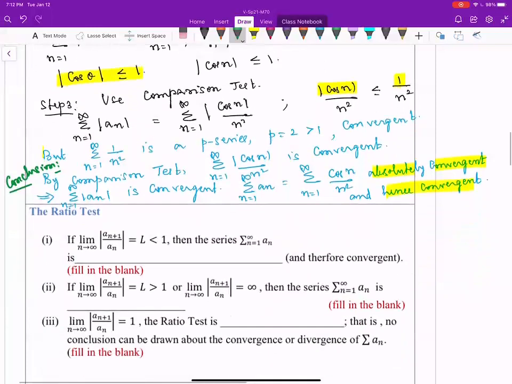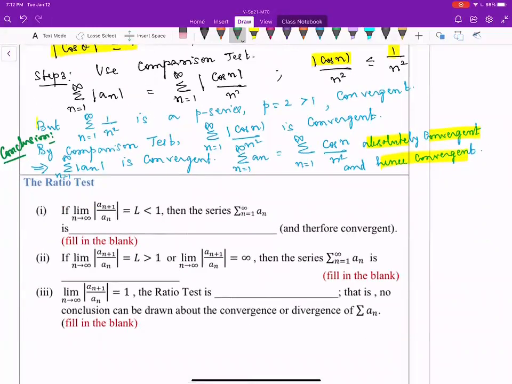Okay, now let's see what we mean by ratio test and root test. If limit as n approaching infinity of absolute a sub n plus 1 over a sub n equals L, and if that L is less than 1, then the series sigma a_n varying from 1 through infinity is absolutely convergent, and therefore convergent. 2.